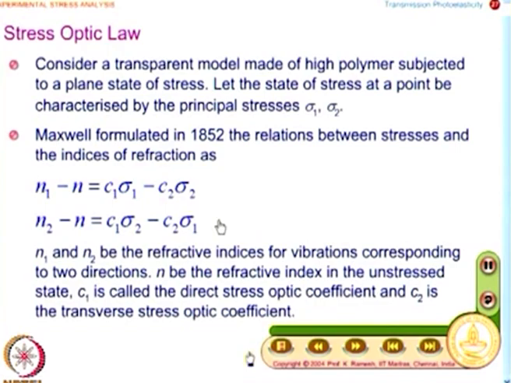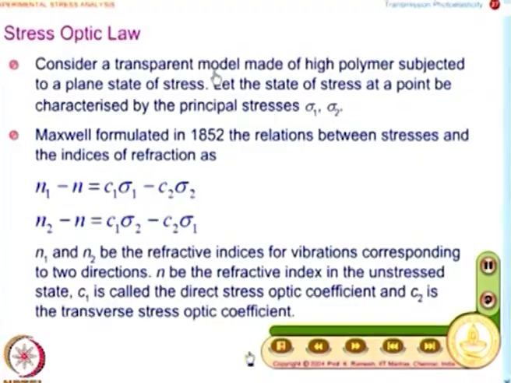And what you find here, we are interested in n 1 minus n 2. So, I subtract these two equations, then I can group the terms, and mind you that C 1 and C 2 depend on the transparent model material that I am going to use. So, there is a material parameter that comes in the formulation. Whatever I see is also a function of the material that I use.